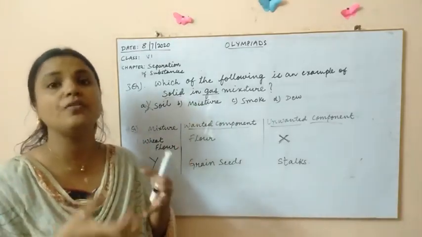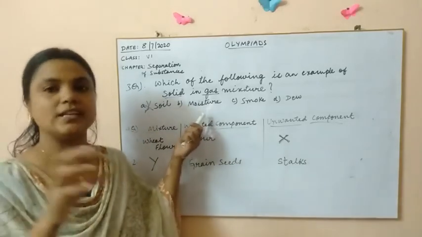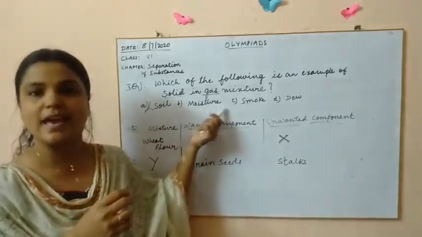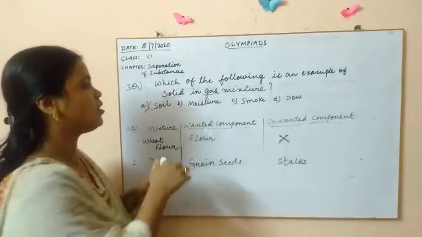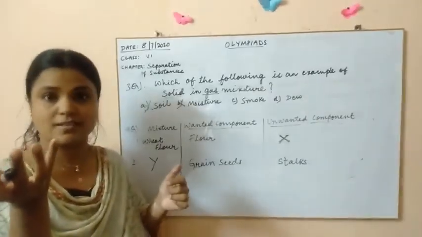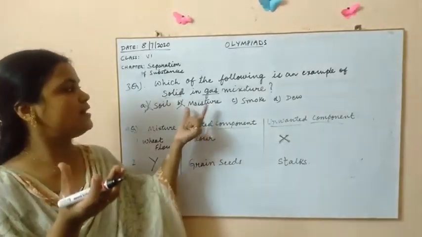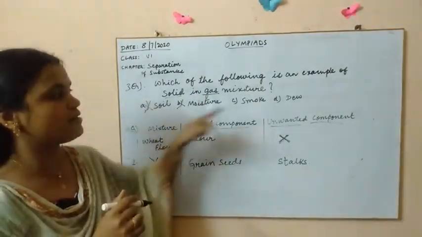So water vapor in air is like a gas mixture, or we can say liquid in gas mixture. So this is also wrong. Moisture is nothing but the presence of water, which is again a liquid in gas mixture. We don't want that, so it is also wrong.